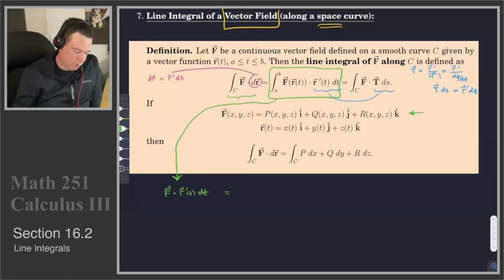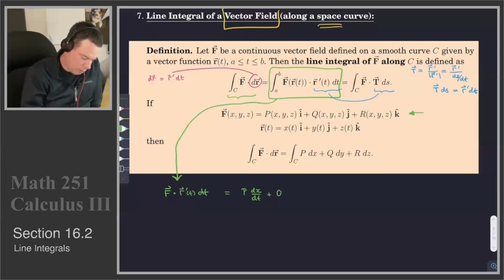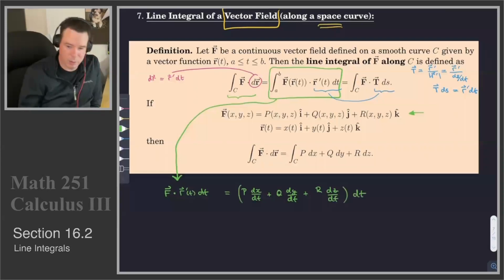And so what is a way I could write this integrand? Well, I could write it as p times dx dt plus q dy dt, plus r dz dt. I'm just taking the dot product of f and r prime in this case. And then I've got that dt hanging on the outside.